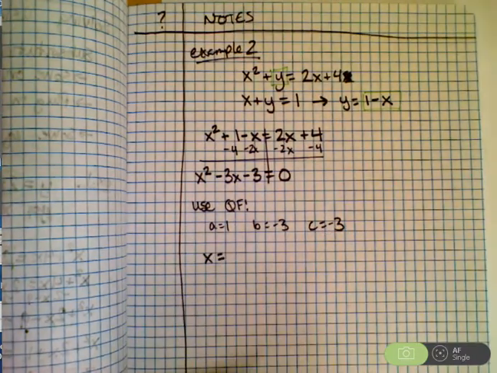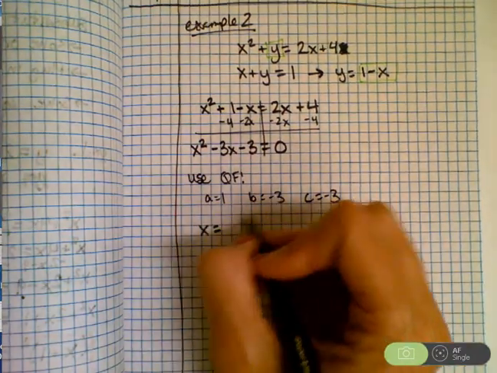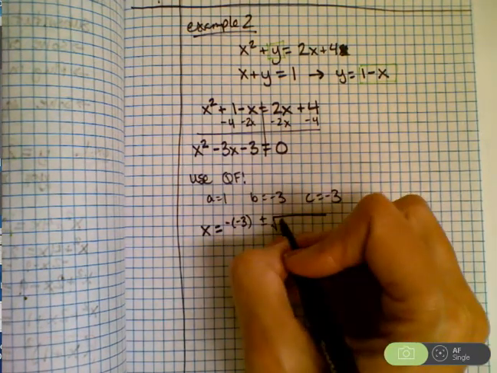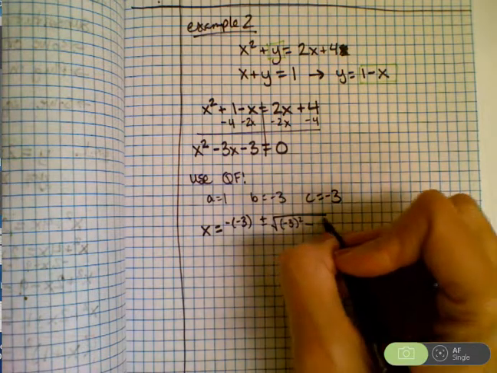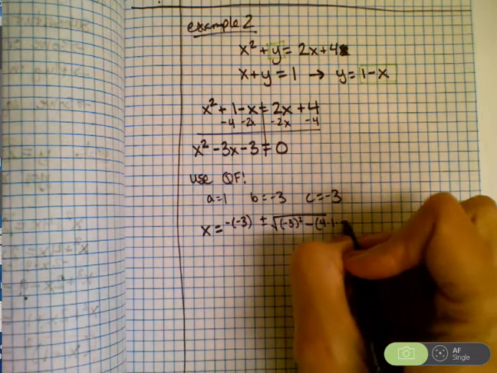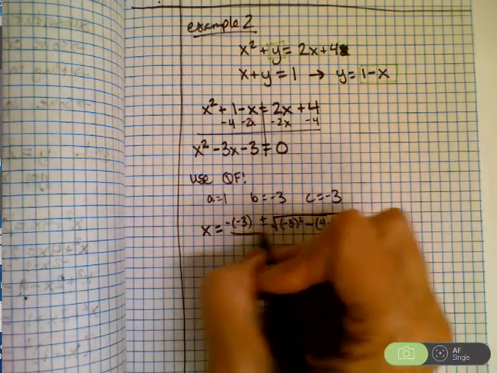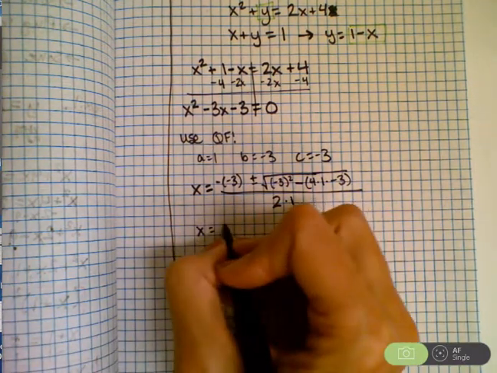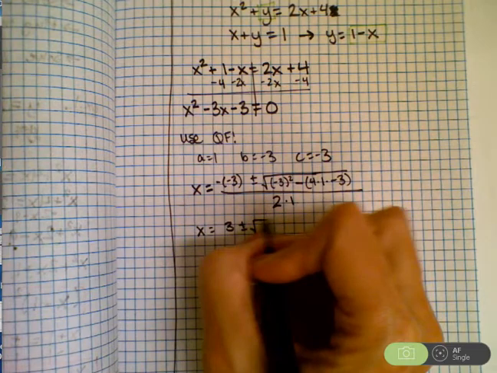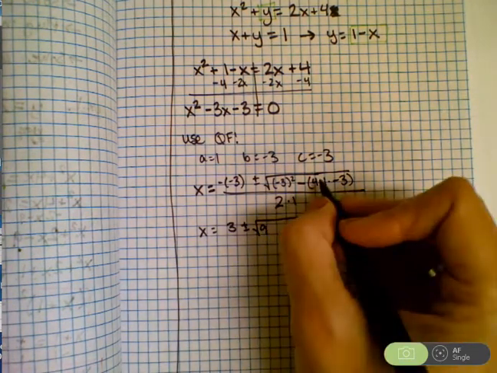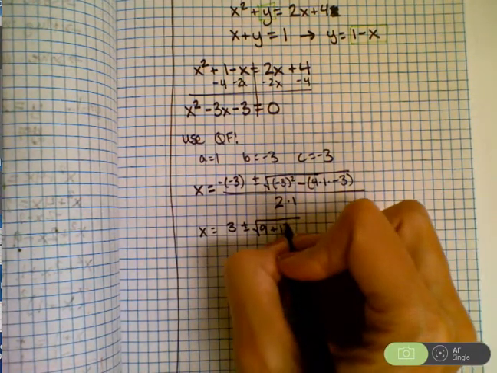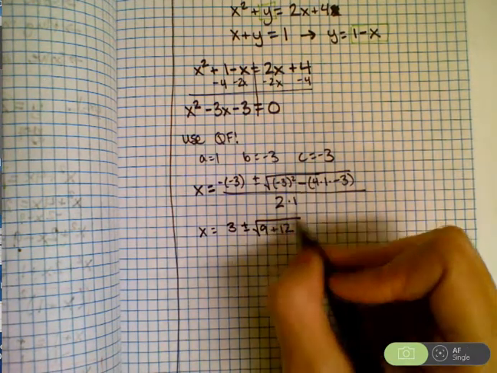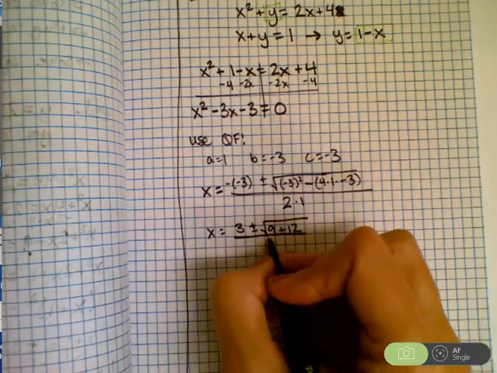So x is the opposite of negative 3, plus or minus the square root of negative 3 squared minus 4 times 1 times negative 3, all over 2 times 1. So x is 3 plus or minus the square root of 9 plus 12. 4 times 1 times negative 3 is negative 12. The opposite of negative 12 is positive 12, all over 2.